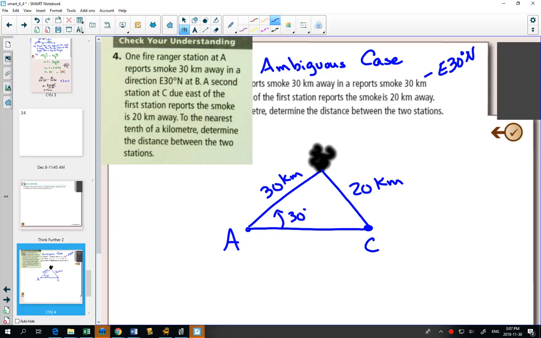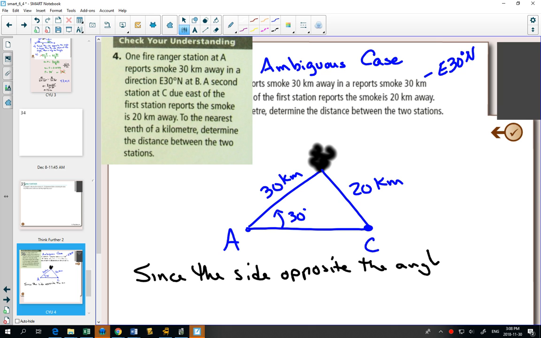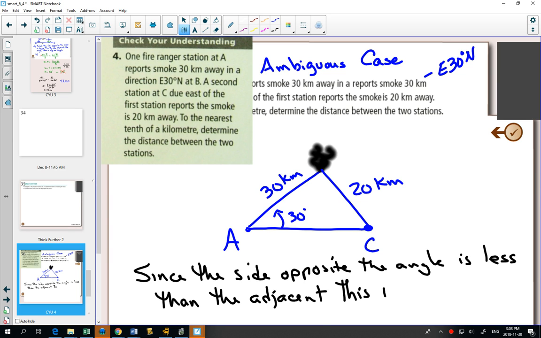Now, since the side opposite the angle is less than the adjacent side, this is the ambiguous case.